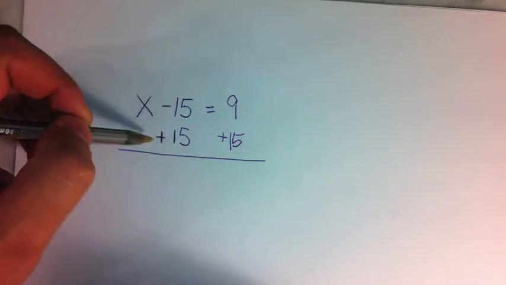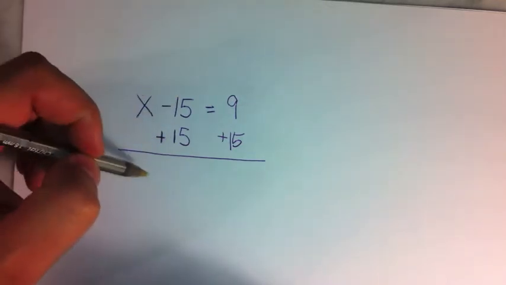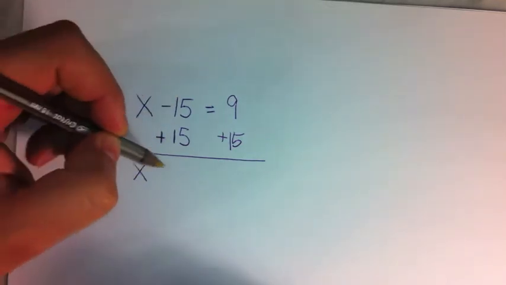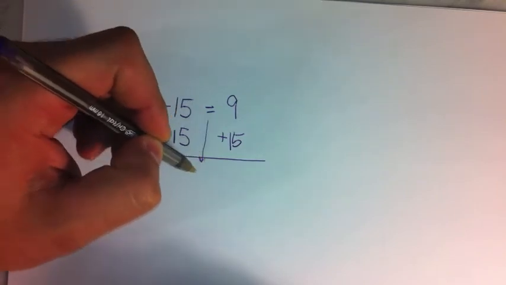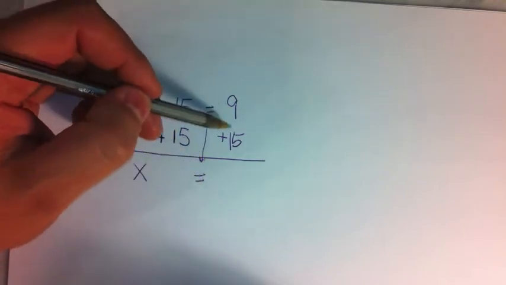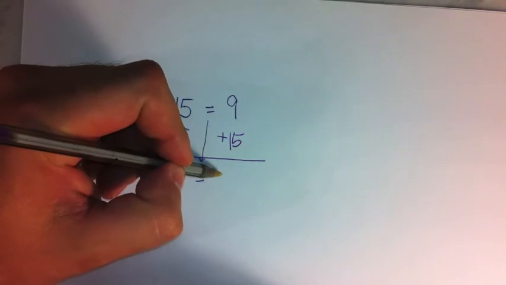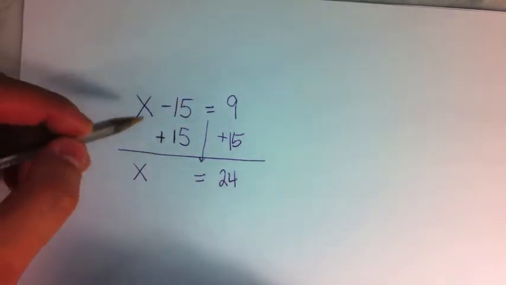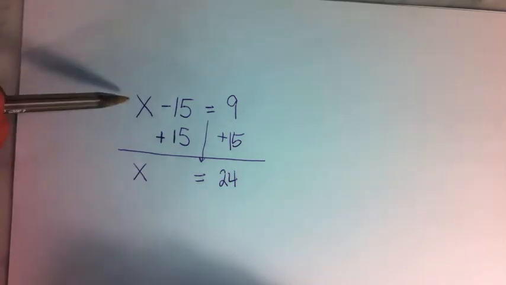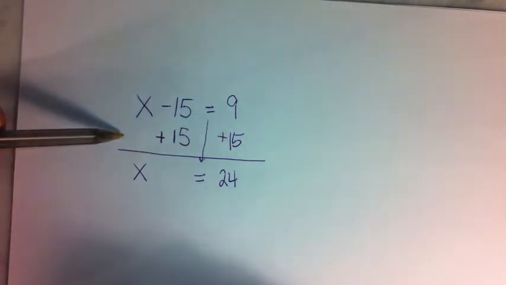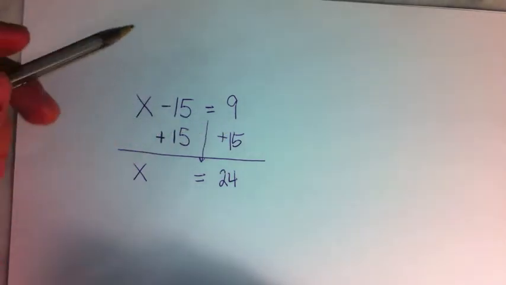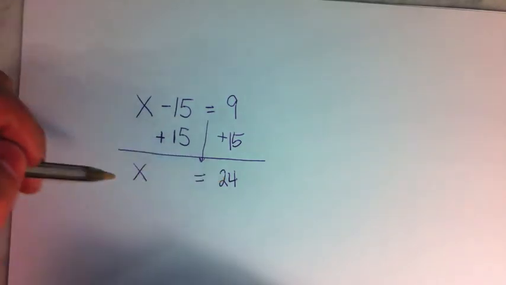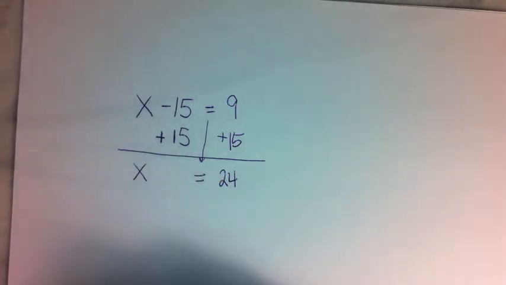Okay, negative 15 plus 15, poof, they cancel out. Our x is happy, it's all by itself. The equal sign comes straight down. And then 9 plus 15 is 24. Alright, and we solved our equation. One simple step. Two little math steps combined into one step. So x equals 24. Okay, let's go ahead and make you guys' partner problems right now.